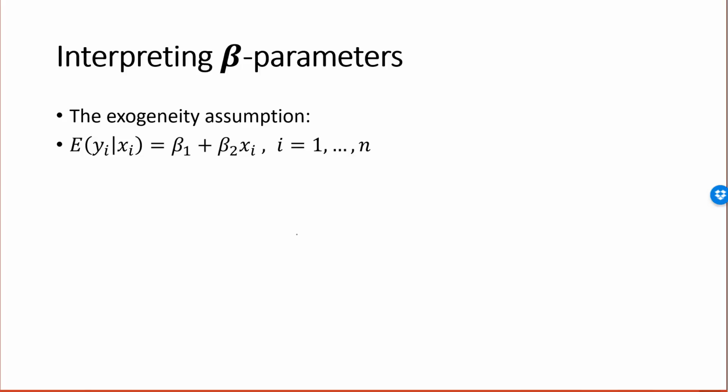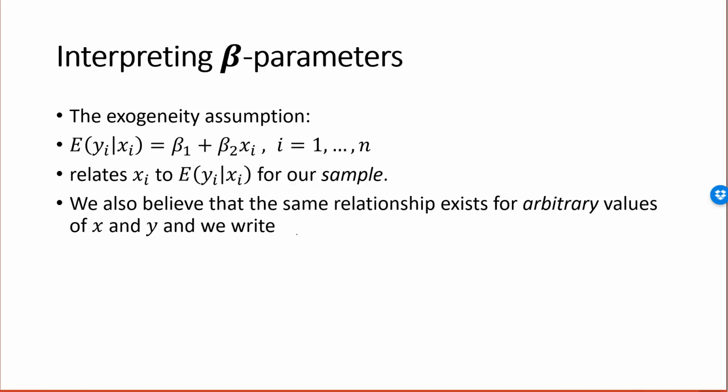And whenever we look at an arbitrary value of x and y, not necessarily a point in the sample, then we simply remove the subscript i. So for an arbitrary x and y value, we just call it x and y, then we'll write exactly the same thing but without the subscript i and without the i going from 1 to n. So this would be the exogeneity assumption for an arbitrary observation.